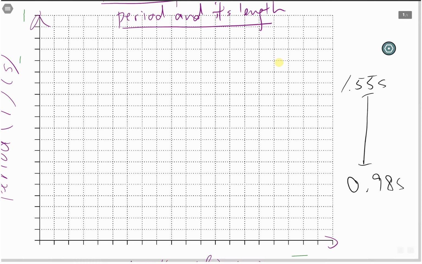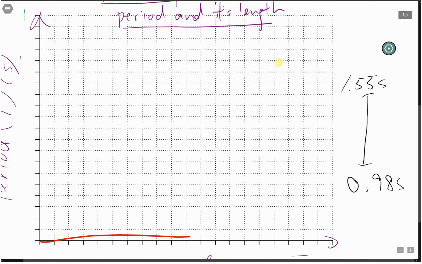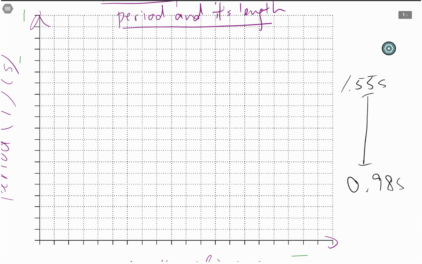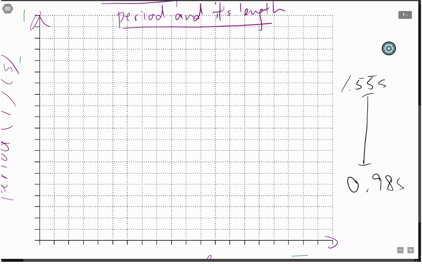Now, your scale does not have to start from 0. That depends on what your data set looks like. Maybe it is all clustered around a value. So when you want to show a relationship, you might have to zoom in, quote unquote, into your graph so that your scale reflects that.